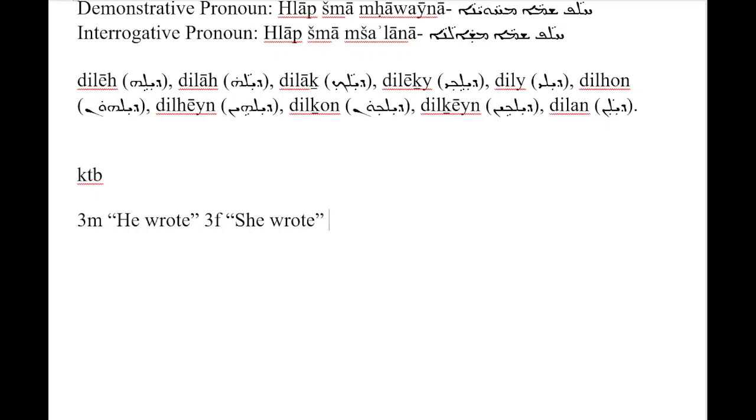So, sticking with the 3rd masculine, he wrote, we take our root of kthao, and we have a root vowel of ptacha. Now, because kap and tau have a schwa in between the 2 of them, which means a half vowel, a vowel that is not written.